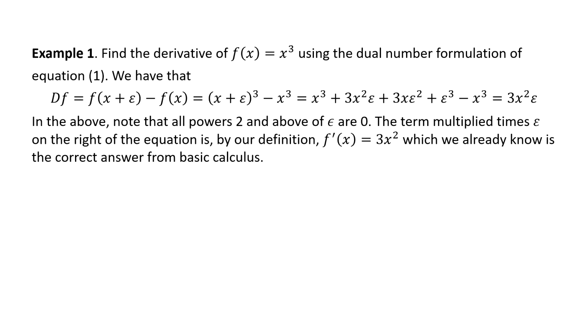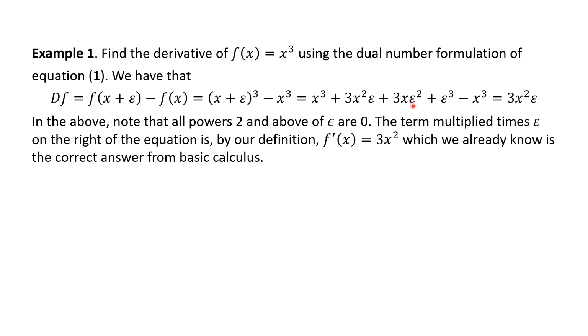I have an example. Find the derivative of f of x equals x cubed using the dual number formulation of equation 1. So we have f of x plus epsilon minus f of x, so you have x plus epsilon cubed minus x cubed. Then expanding this out, it's all these terms here, minus x cubed. The x cubed and the x cubed cancel.